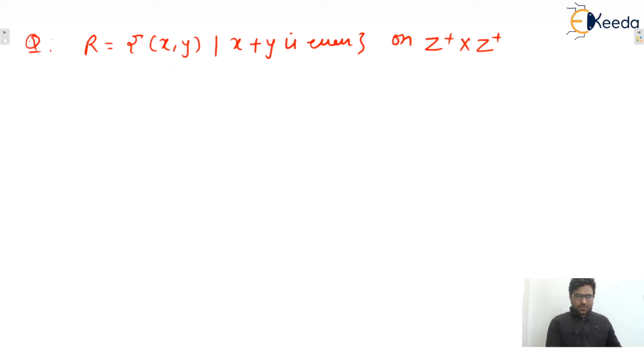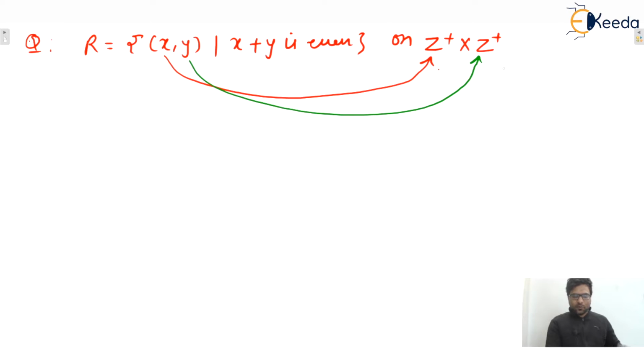The meaning of this is that X belongs to the set of positive integers, and similarly Y belongs to the set of positive integers. Now tell me whether this is a transitive relation or not.